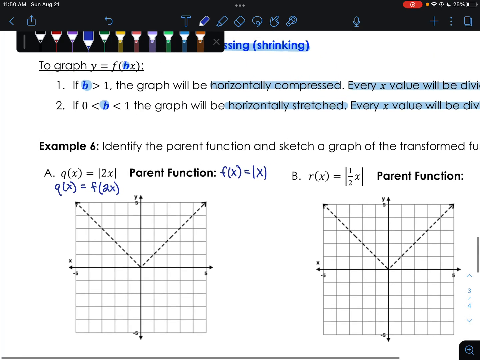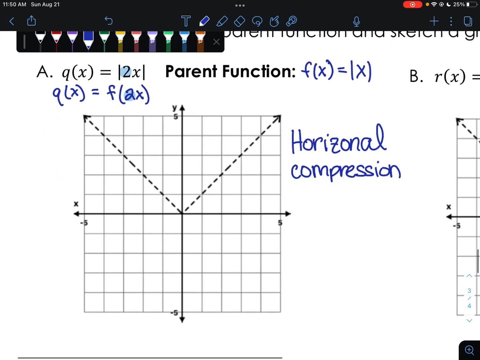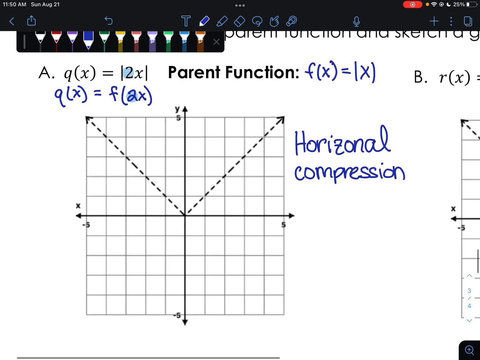Because the 2 is greater than 1, that means it's going to be horizontally compressed. So for a horizontal compression, I am going to take the x values and divide them by 2.